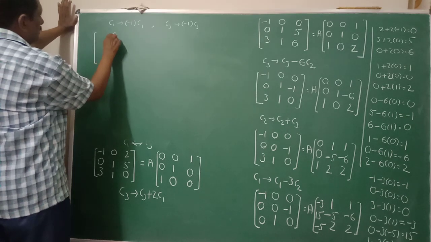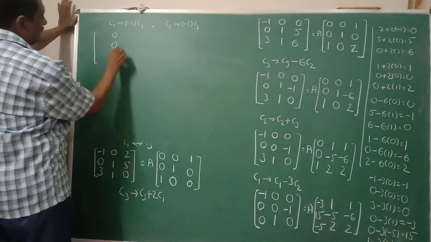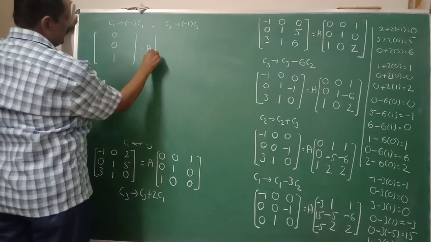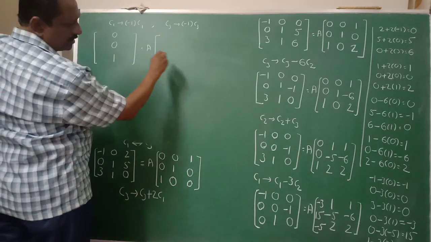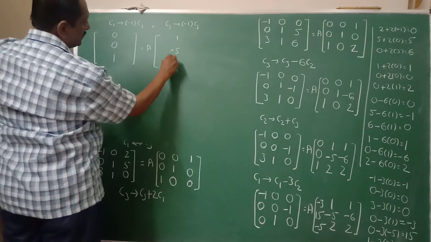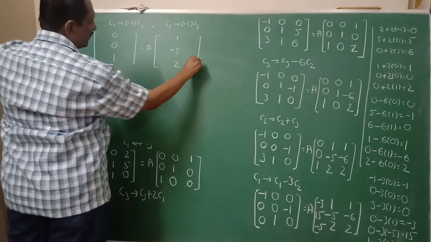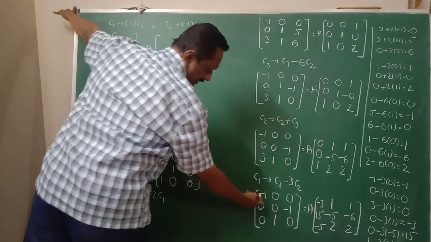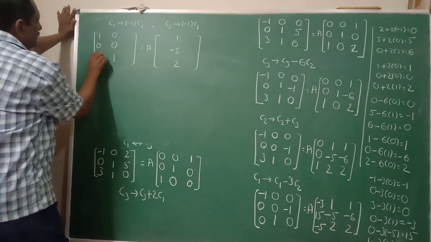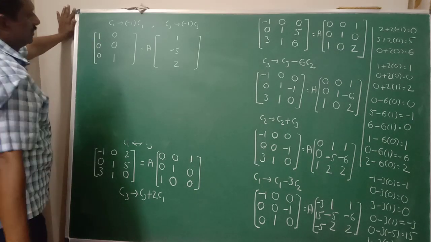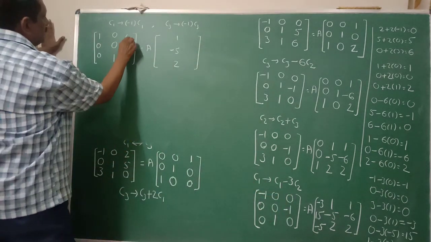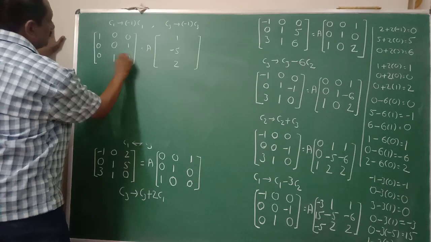So 0, 0, 1 equals A into the matrix with middle column 1, minus 5, 2. Multiplying by minus 1 gives 1, 0, 0 and 0, 1, 0.